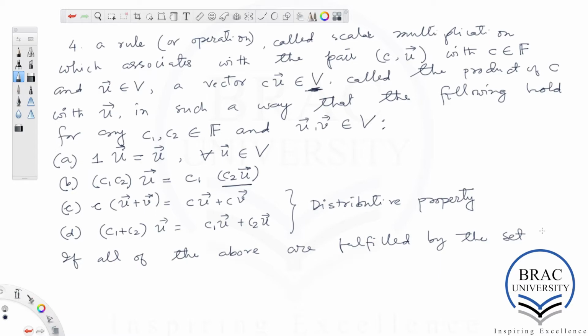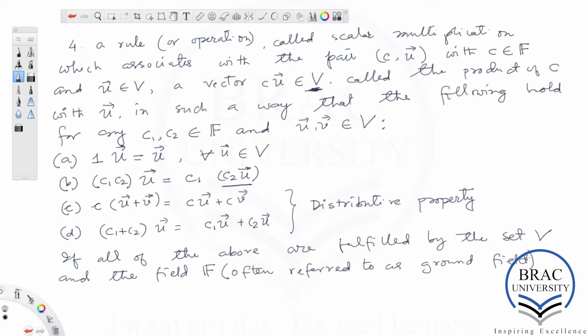Okay, so if all these properties are fulfilled by the set V and the field F, this field F is often referred to as the ground field.